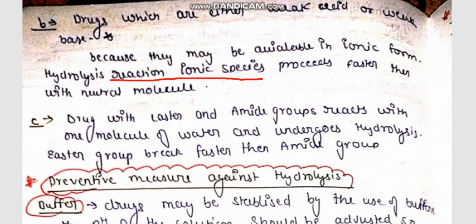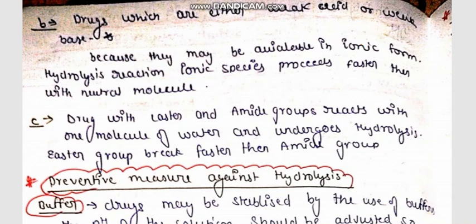If these drugs are available in ionic form, maybe cation or anion, then they will undergo hydrolytic reaction very easily in comparison to neutral molecules. Neutral molecules means those which do not have any surface charge on them.